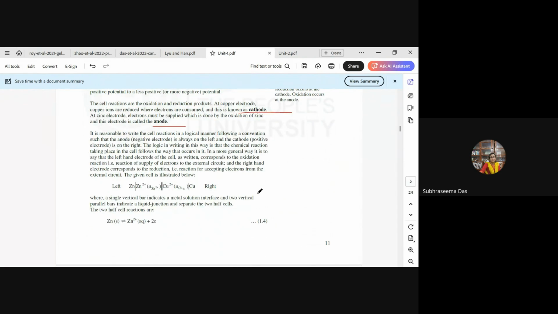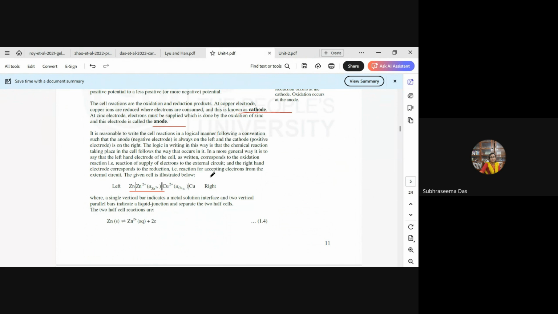Now when we want to write the overall cell reaction, it is always advisable to write the anodic reaction, that is the negative electrode reaction, on the left-hand side. That is, for zinc, we write Zn, then Zn2+, activity of Zn2+. Here the double bar indicates the salt bridge.